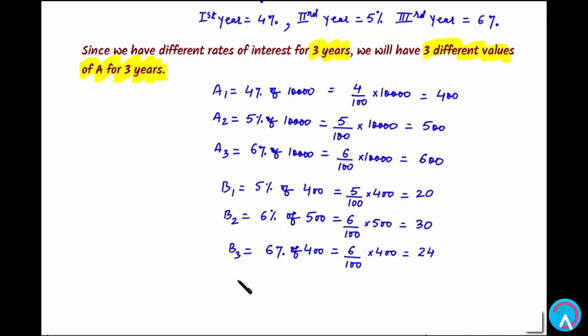And C will be equal to 6% of B1, that is 20. So this is equal to 6 by 100 multiplied with 20. So that is equal to 1.2.